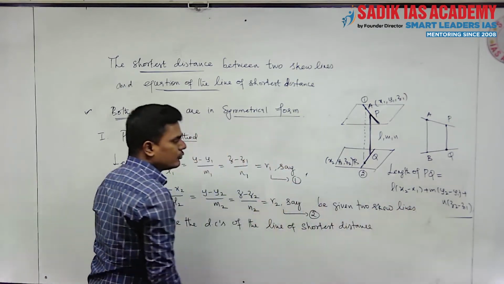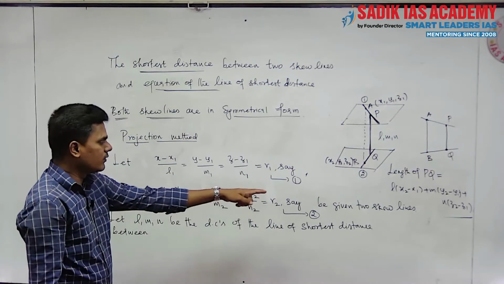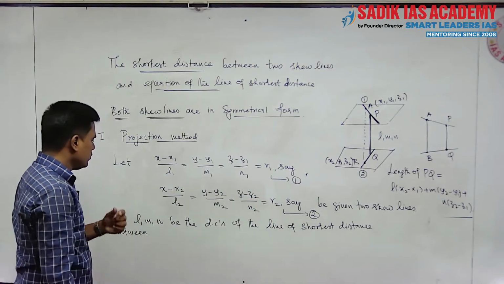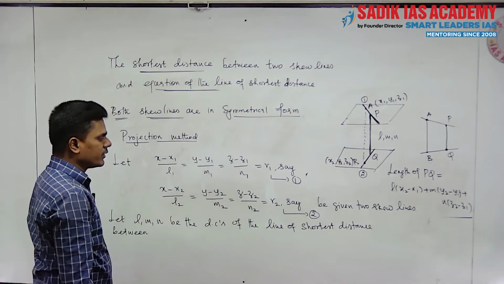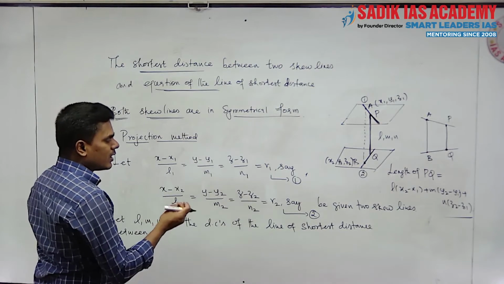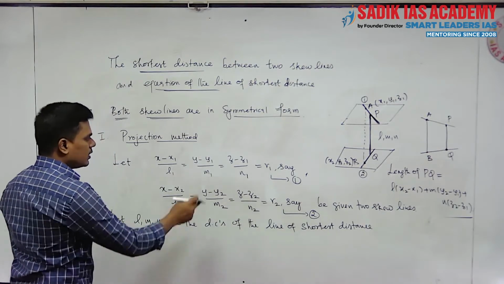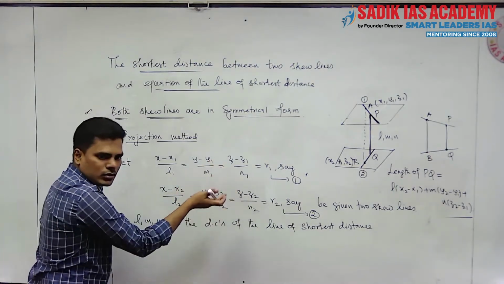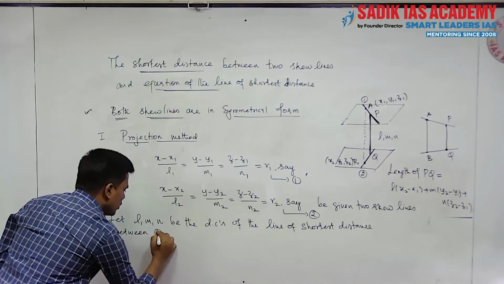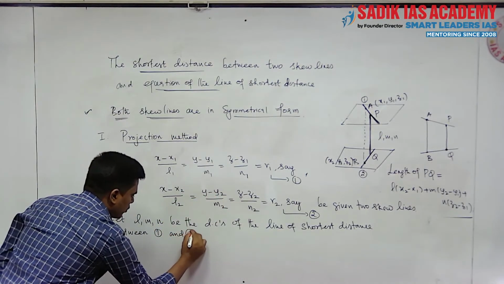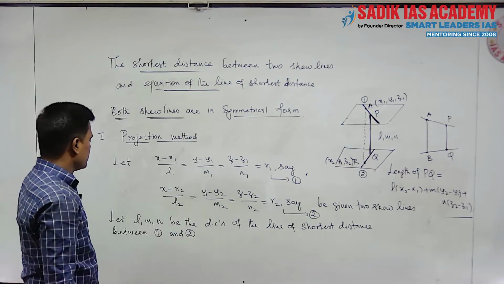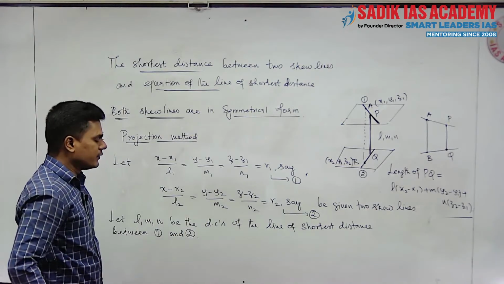These are the two given skew lines that you have to write. L, M, N are the direction cosines of the line of shortest distance between 1 and 2. Yes or no? 1 and 2 are skew lines.